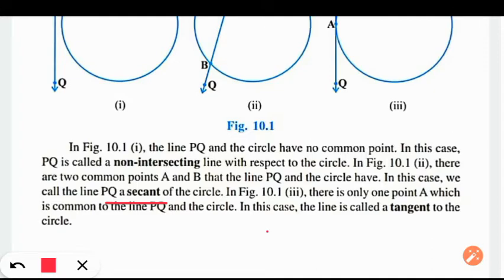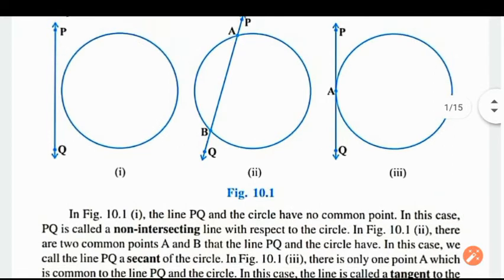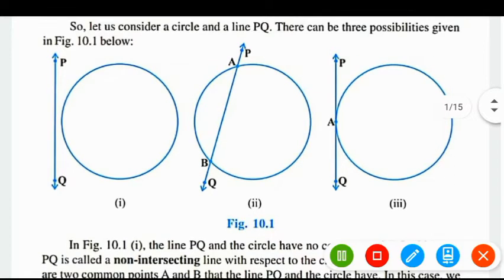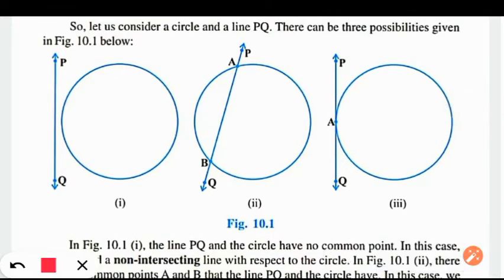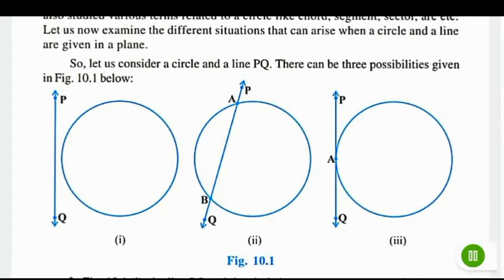Understood? Now if the same secant coincides at a point, it means if this A and this B coincide at a particular point, then what will happen?